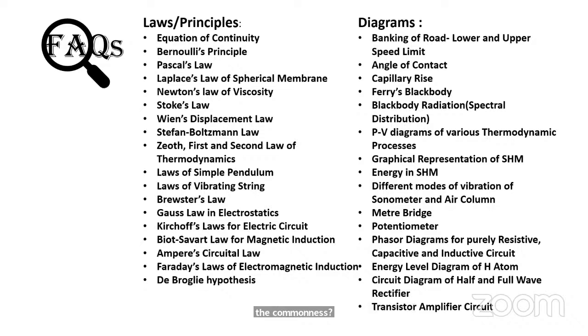Then energy in SHM. For a particle which is performing simple harmonic motion, its kinetic energy is given by the formula half K (A squared minus X squared), whereas its potential energy is given by the formula half K x squared, whereas its total energy always remains constant, which is equal to half K A squared.